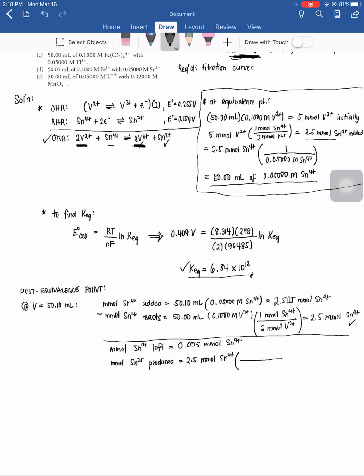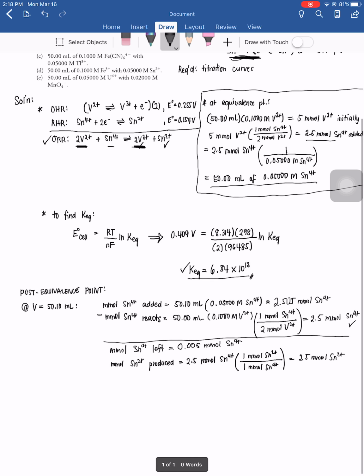As we can see here, 1 millimole of tin 2 is formed for every 1 millimole of tin 4 that reacts. So that's actually 2.5 millimoles of tin 2 that has formed. With the amounts of tin 4 and tin 2 already known, what we can do next is compute the concentrations of each ion.